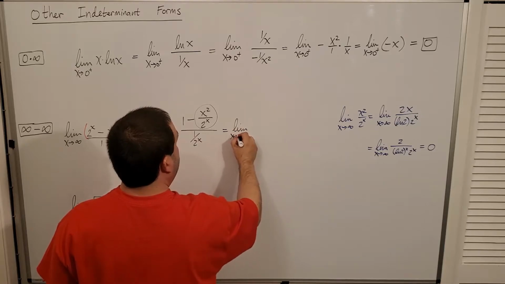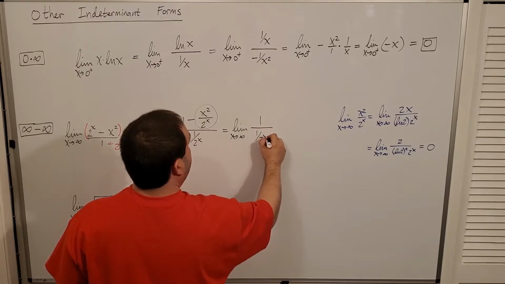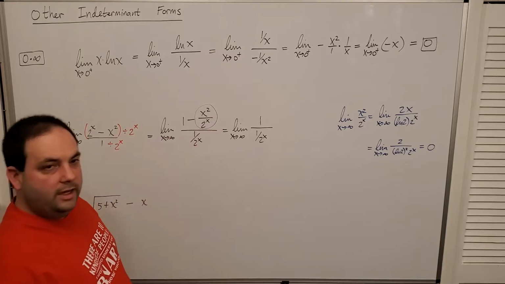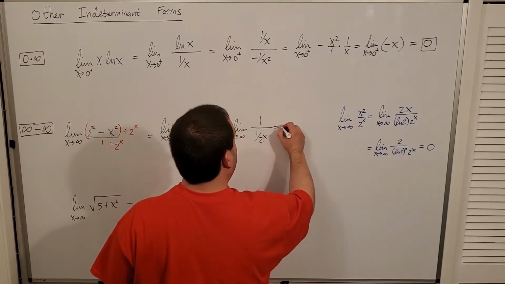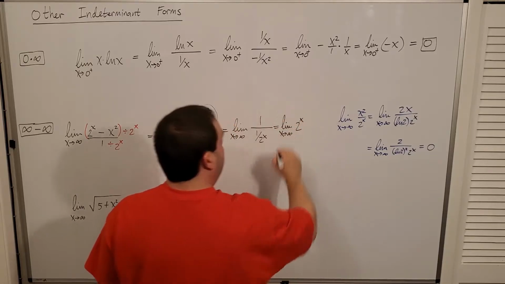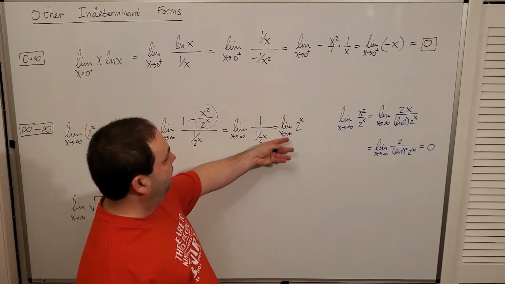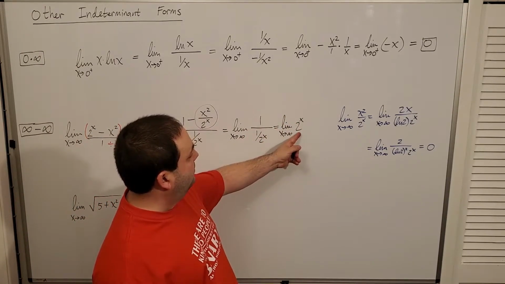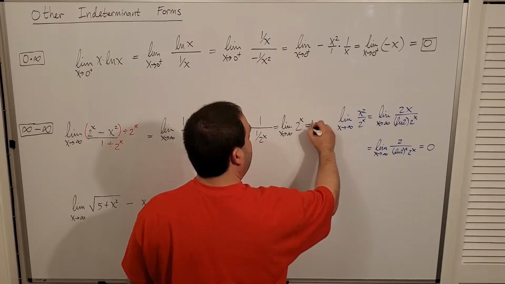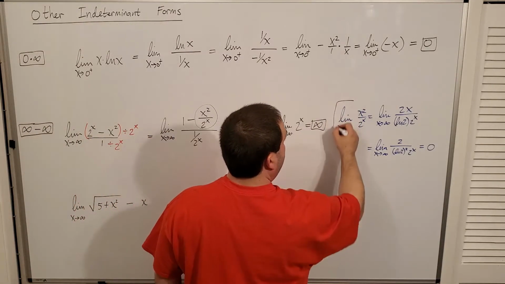The limit as x goes to infinity of 1 over 2 to the x, which of course I can rewrite back into the limit as x goes to infinity of just 2 to the x. And that's just a quick plug-in from some of the limits that we already know. It's an exponential function. X is going to infinity. The answer is infinity. Right? It increases without bound on that one.